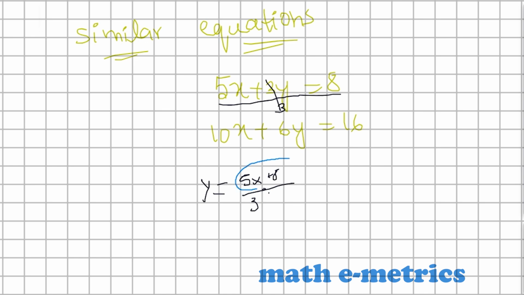So is it 8 plus 5x or what else? 5x is on the left side, so it is 8 minus 5x.